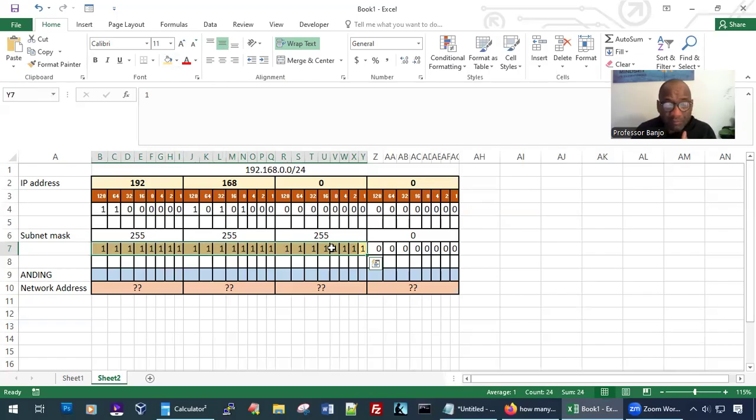In decimal, that's equal to 255. So 255 in decimal, in binary, is converted to eight ones, right? 255, eight ones, 255, eight ones. And then the last portion is all zeros. When you see a number of zeros in the host portion, that tells you that it represents the hosts.